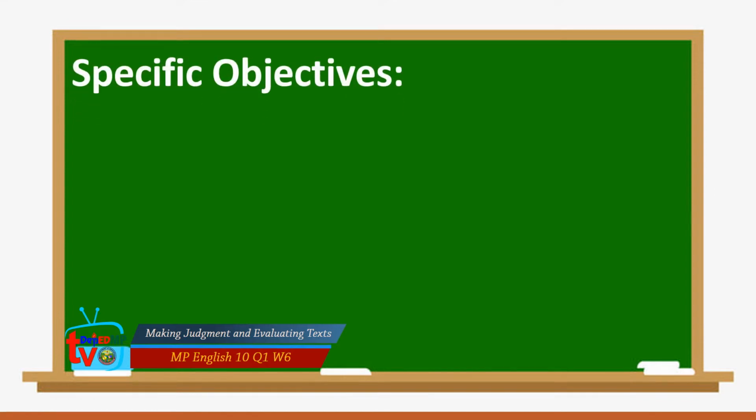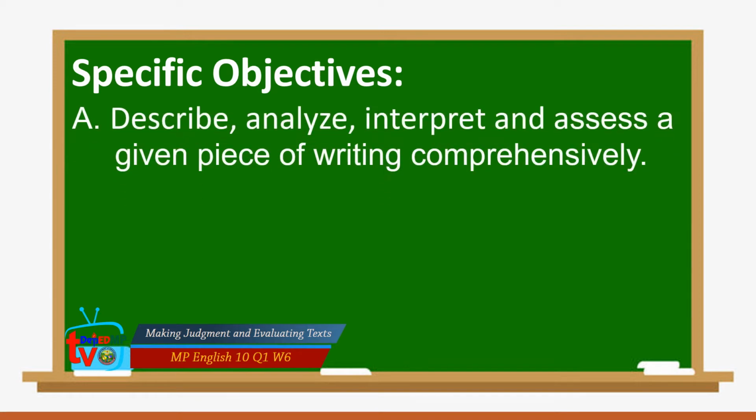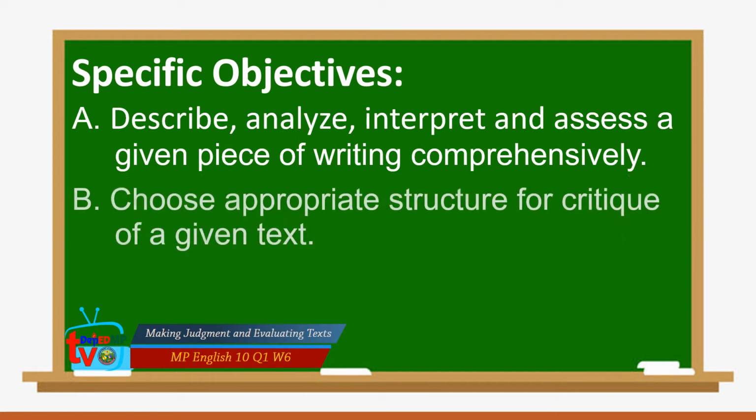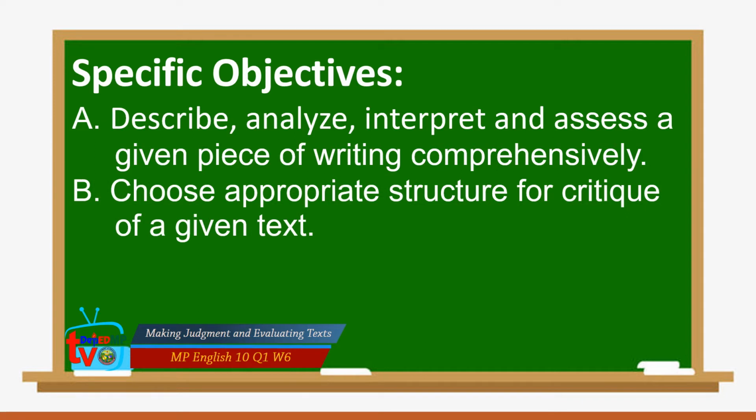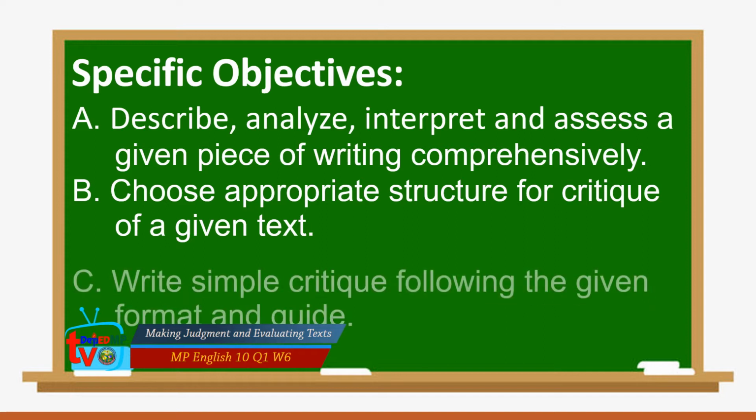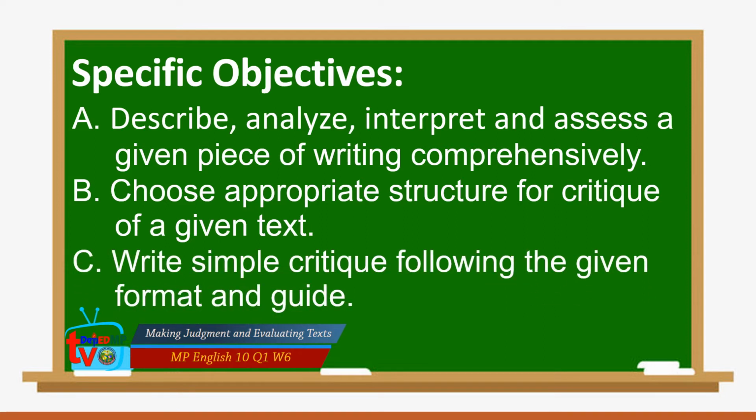And for the specific objectives, we have letter A, describe, analyze, interpret, and assess a given piece of writing comprehensively. Letter B, choose appropriate structure for critique of a given text. And letter C, write simple critique following the given format and guide.